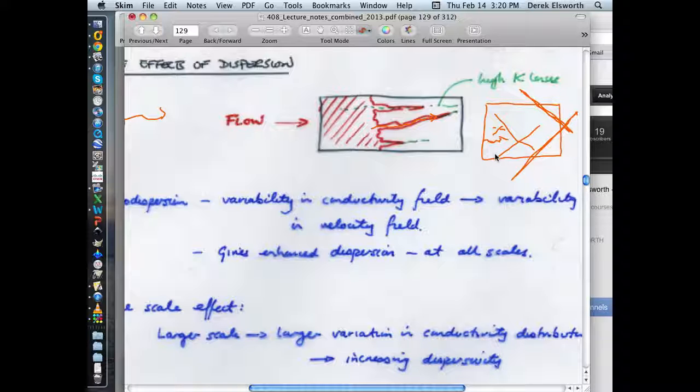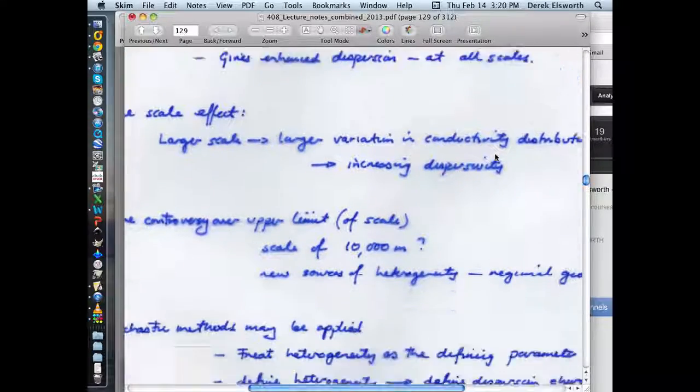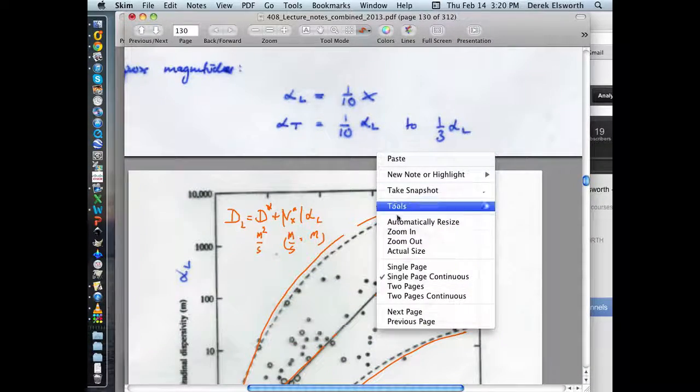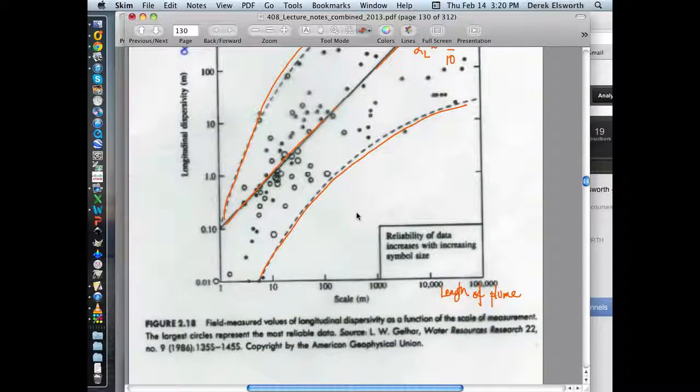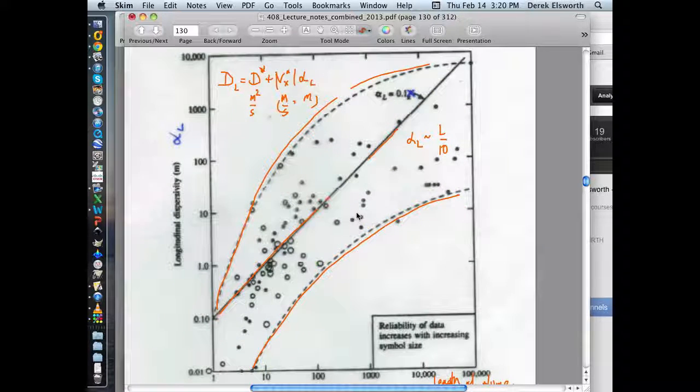So the idea is that as the size that you sample in your aquifer increases from some very small magnitude, maybe a meter in size, it only has a chance to sample some of the small-scale heterogeneity and not really big differences in permeability.